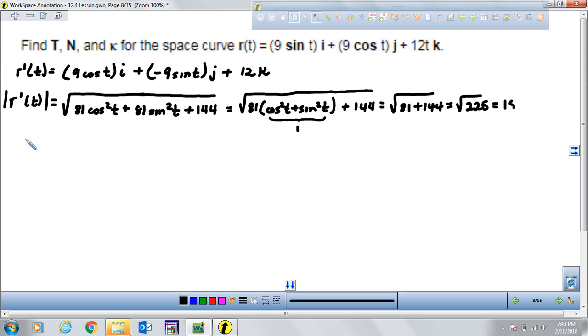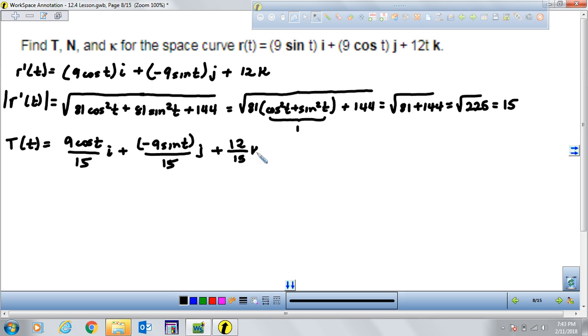So, to get the unit tangent vector, we divide the derivative of the position by its magnitude. So it's going to be 9 cosine of t, which is the derivative on the i component, divided by the magnitude, which is 15, i, plus the j component of the derivative, which is negative 9 sine of t, divided by 15, j, plus 12 divided by 15, and that is my k component. We can reduce this.